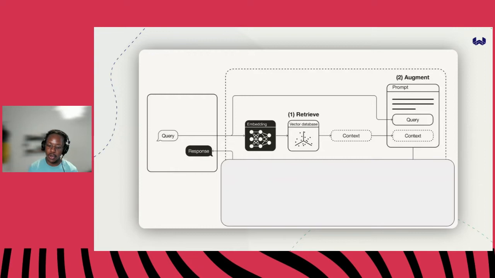I store all my information, all my documentation on the new Weaviate client in my database. And so when I make this query, what is the latest way to initialize the Weaviate TypeScript client? I then fetch all the information relevant to this new Weaviate TypeScript client and then pass whatever results I get back and be like, from this information, what is the way to connect to a Weaviate client?